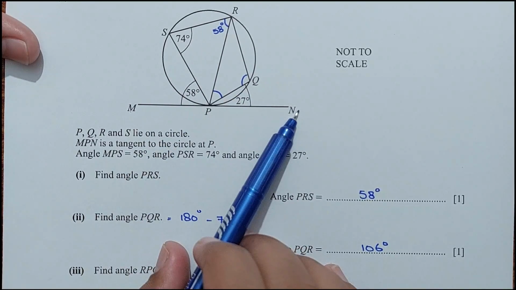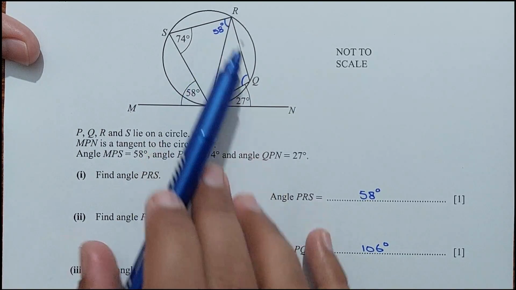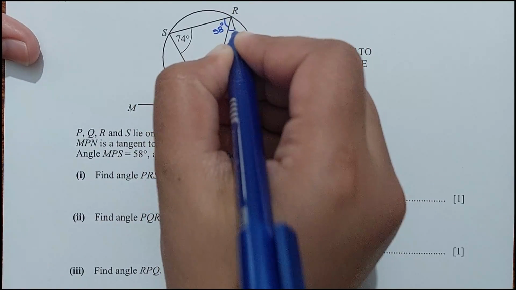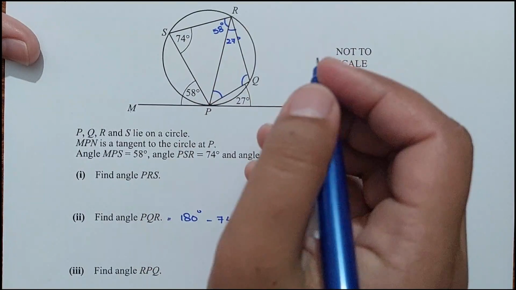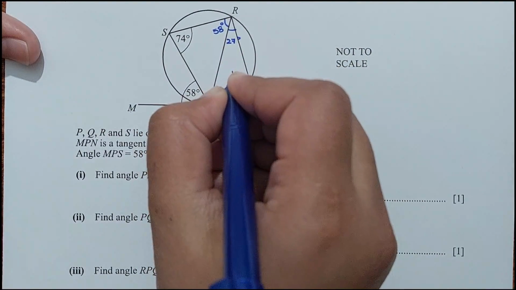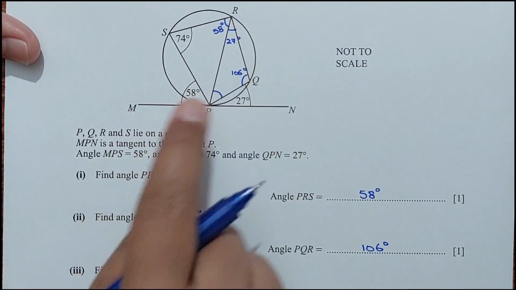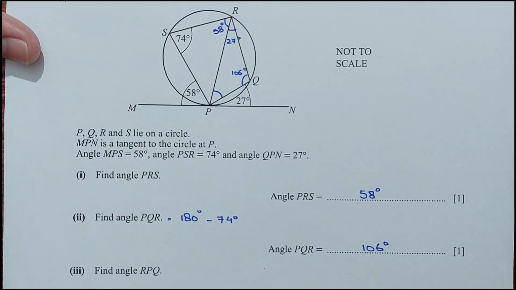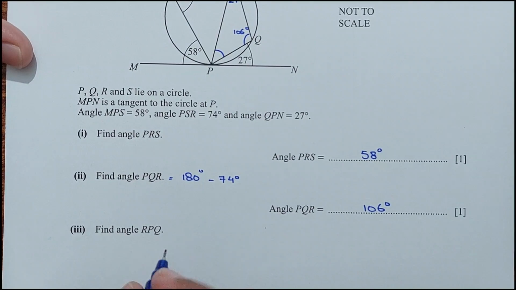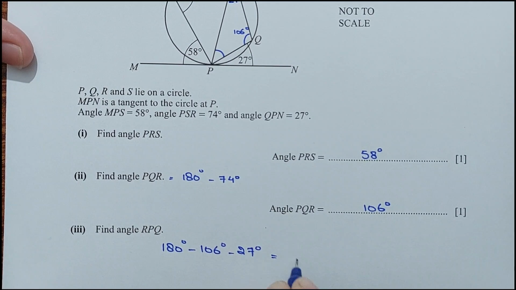So QPN and PRQ are alternate angles, right? This is 27 and this is 106. So this is 180 minus 106 degrees minus 27 degrees, which equals 47 degrees, right?